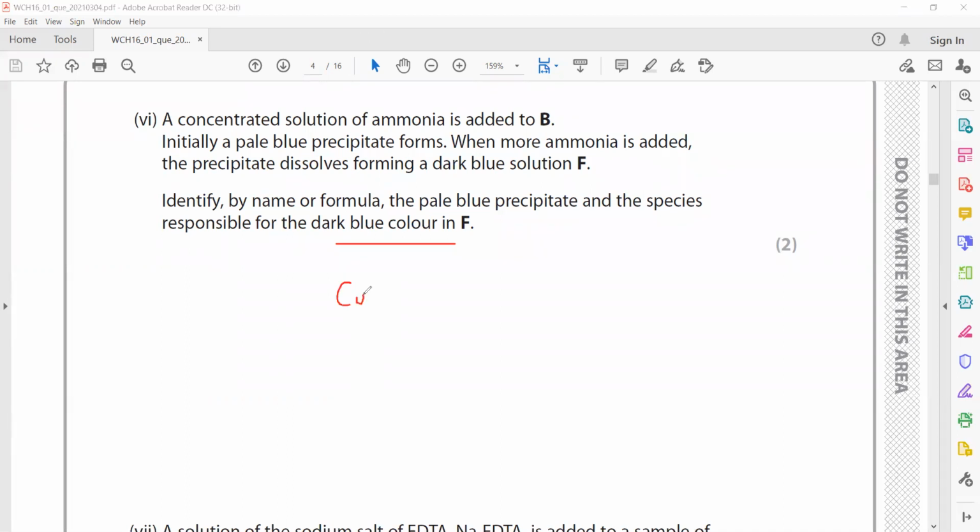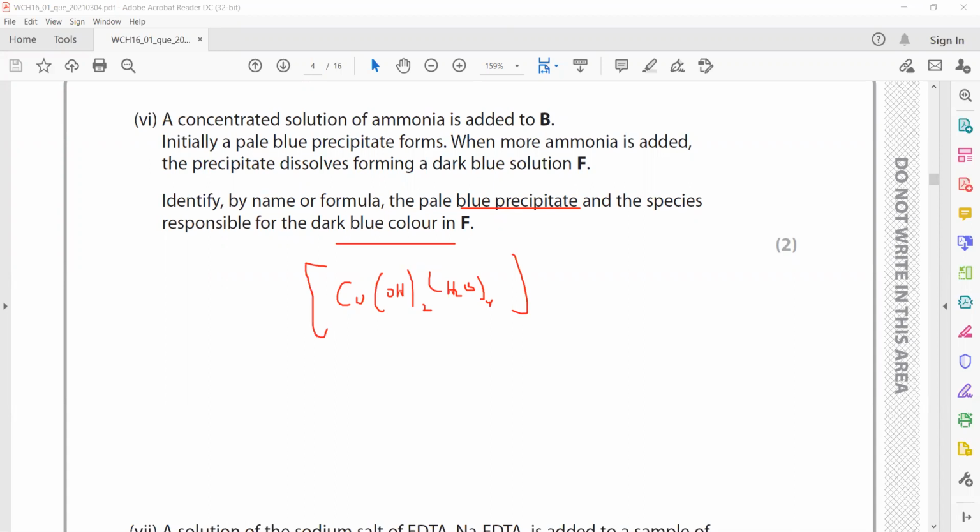So you have copper, identify the blue precipitate which is formed, so copper hydroxide precipitate, copper(II) hydroxide, and water molecules are also attached as neutral. This whole complex will be solid. Why will this be solid? Because it does not have any charge on the complex.